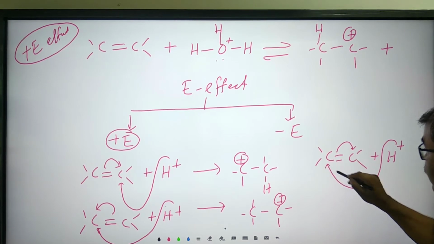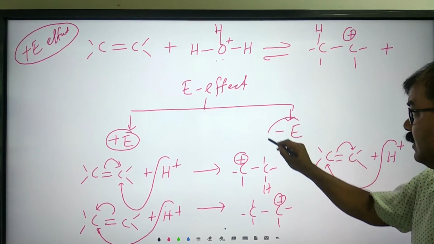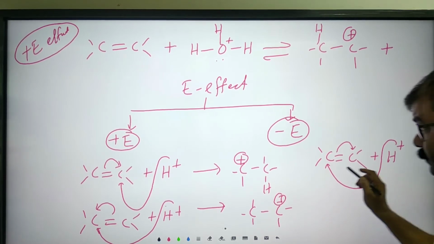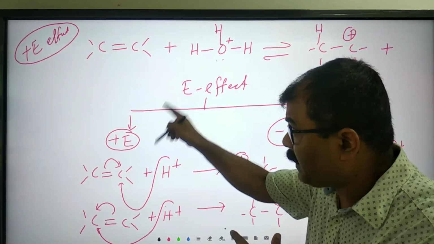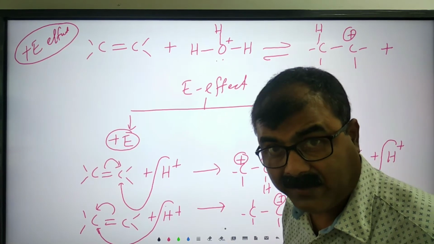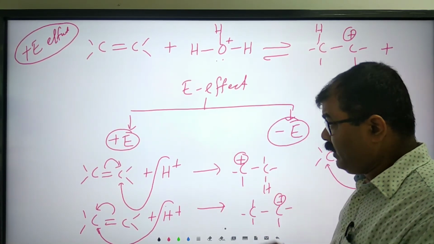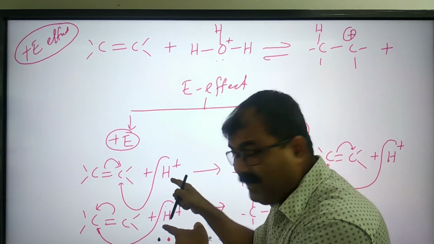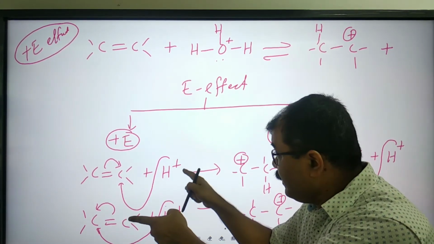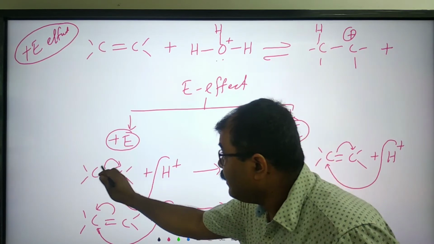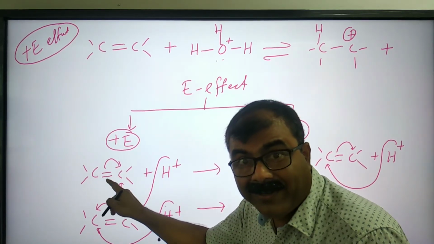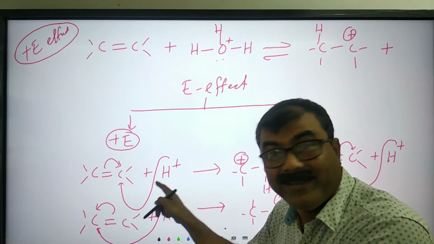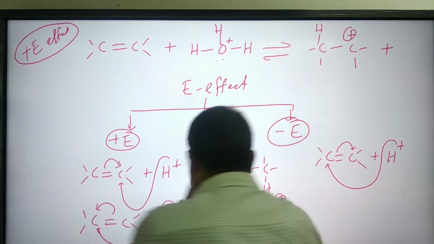Attacking reagent will attach here. This is minus E. Could you follow what I am telling? Plus E and minus E, but in this particular mechanism the plus E effect is taking place. You can remember it like this: this is a militant, this is the attacking reagent, he is attacking. Then this pi electron is taking a positive attitude towards the enemy. He is attacking, so immediately we defend.